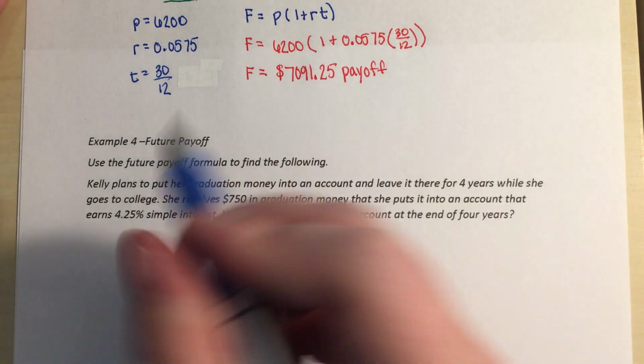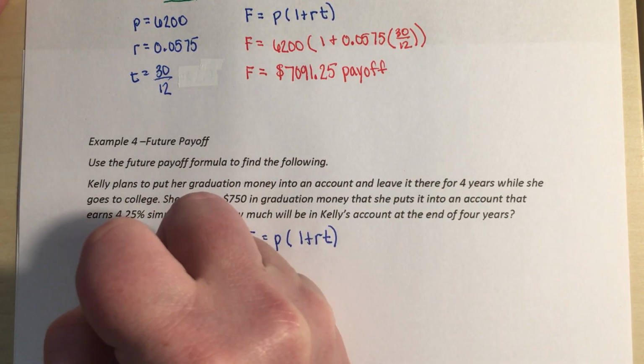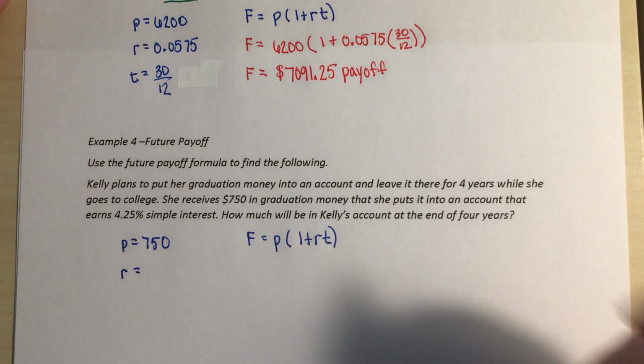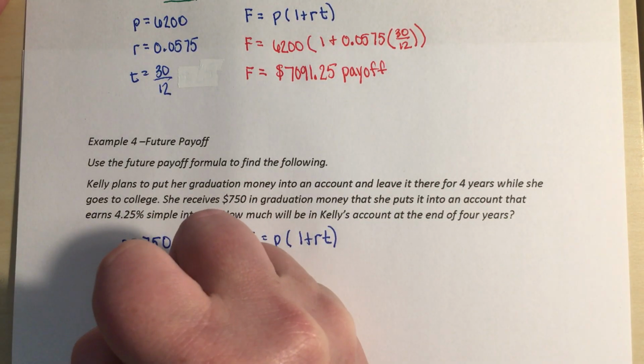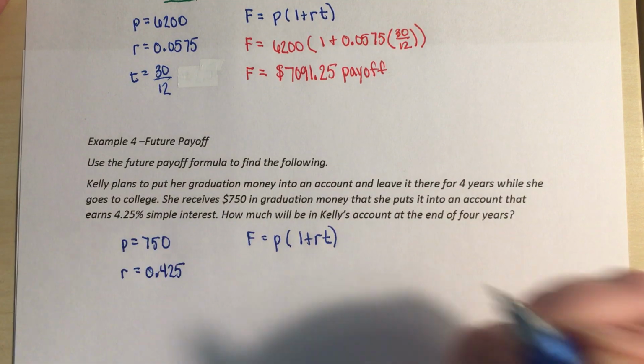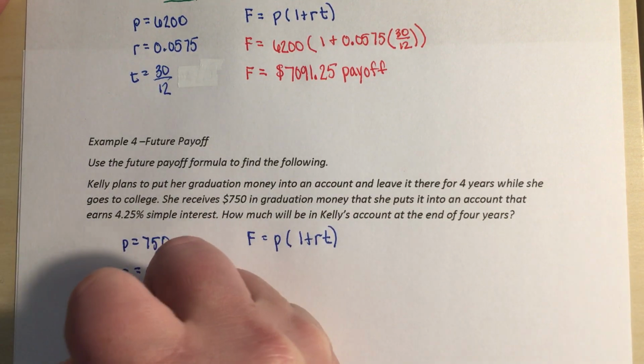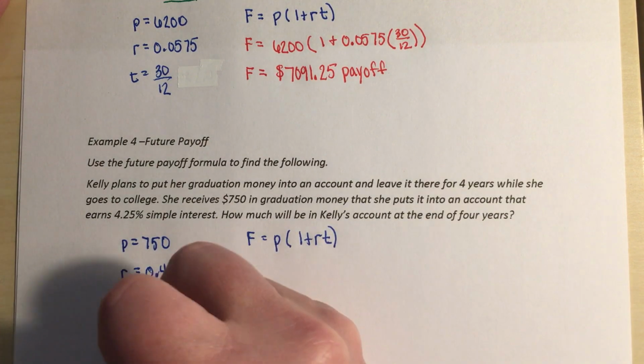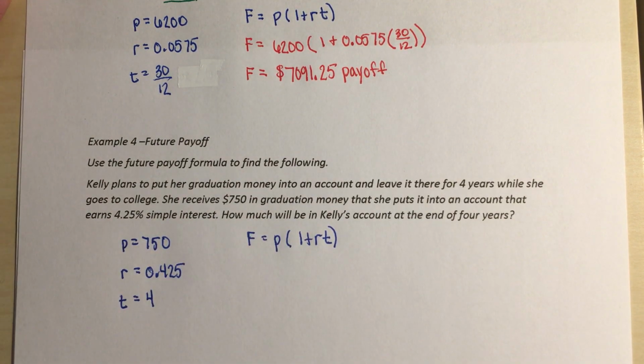That's fine as well. P, our principal, is $750. Our R, our interest rate, is 0.0425. Our time is just a nice number of years now, so no fractions or decimals to worry about. We have a time of 4 years.